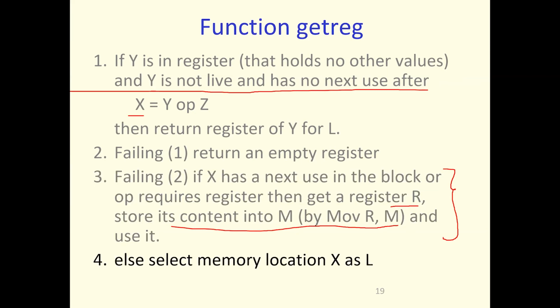Suppose none of this exists, and assuming that X can be in a memory location, you will use that memory location as Z, assuming your architecture allows you to generate the result in a memory location. So that's all. That is your GetRich. This is a very, very simple register allocation based on the usage of a variable and on certain machine-specific constraints, and it works only at basic block level.